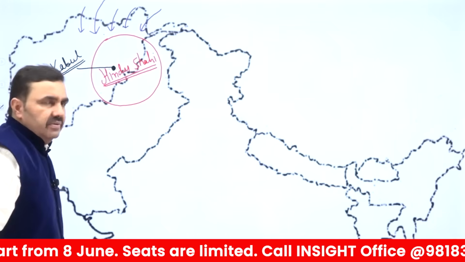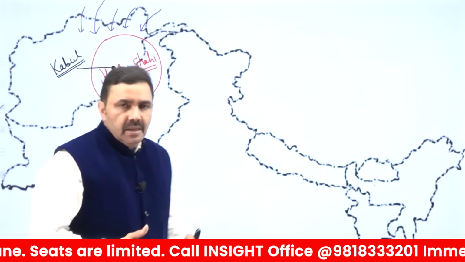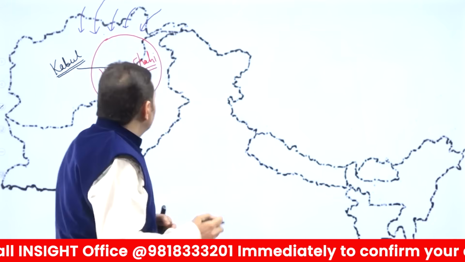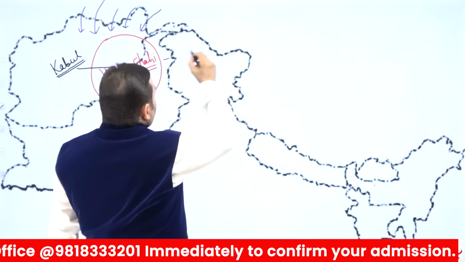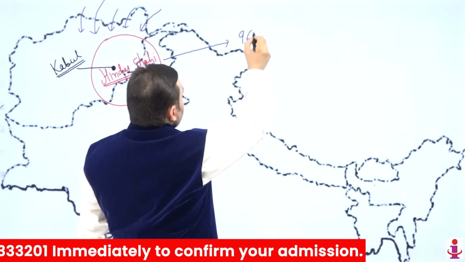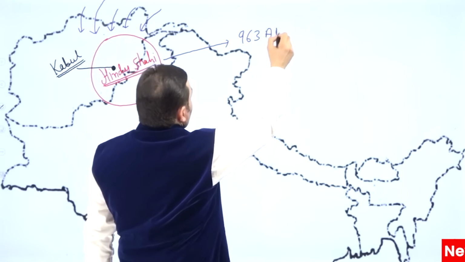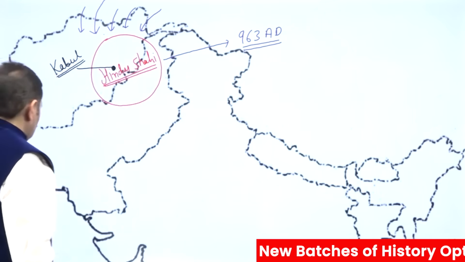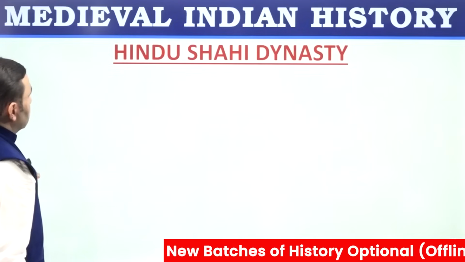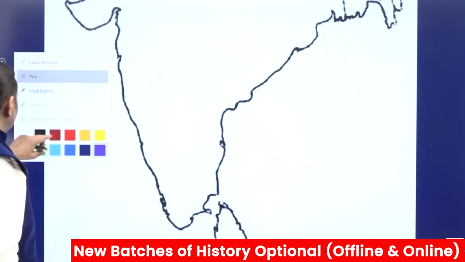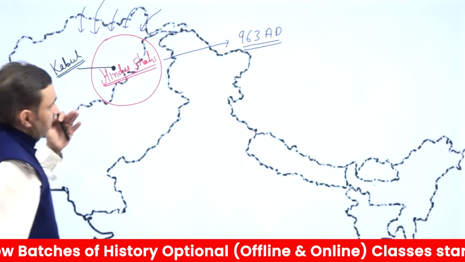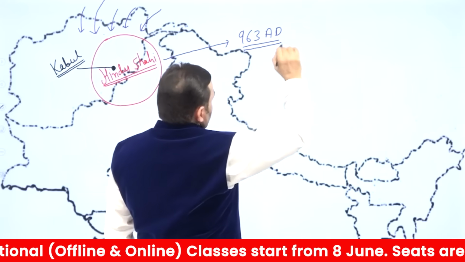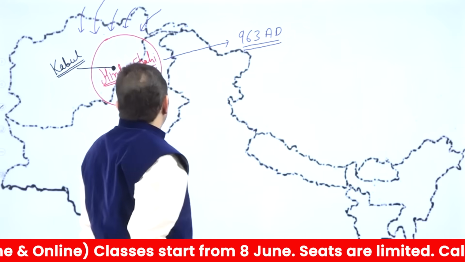Turks were coming from Central Asia, and these Turks started attacking India in 963 AD. First Turkish invasion was witnessed in 963 AD. And who faced this onslaught? That was Hindu Shahis.